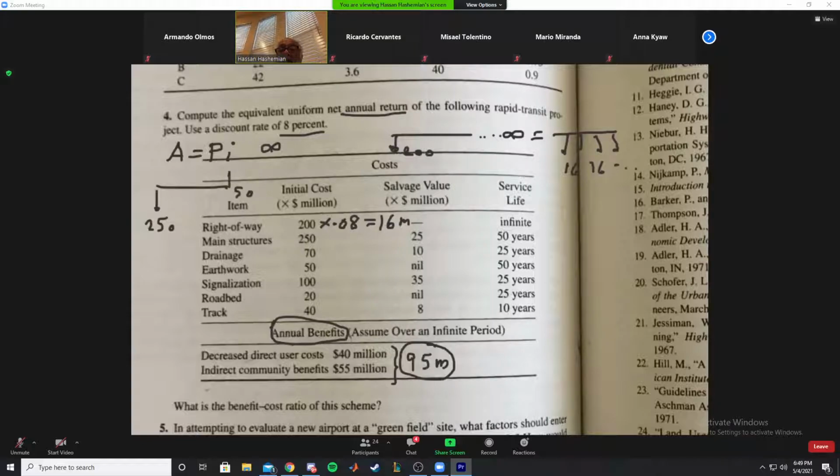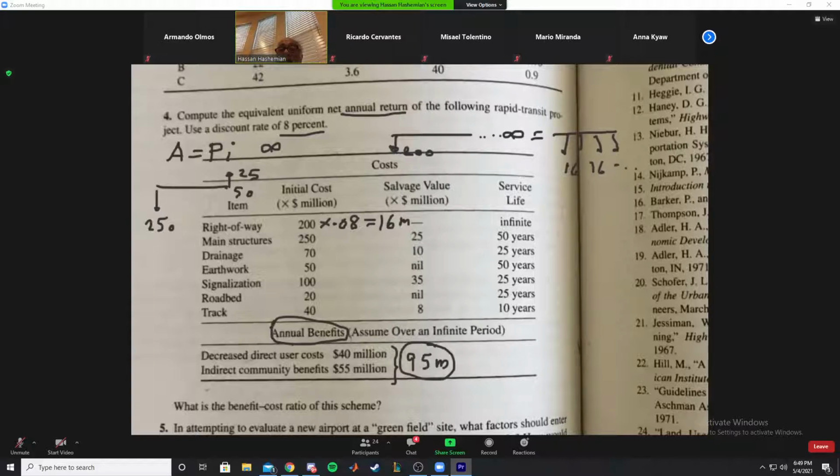But there is a salvage value of 25. So I want to make this diagram into annual. I have to make 250 annual, make the salvage value annual, and subtract them from each other.